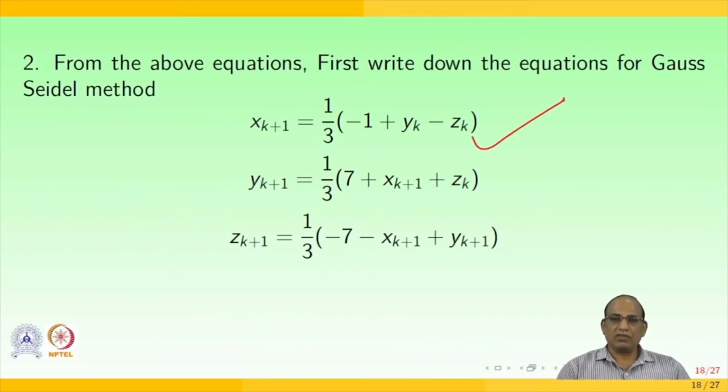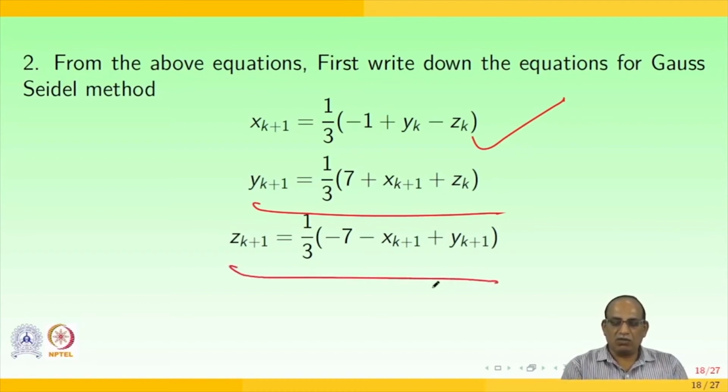The coefficient of x(k+1) should be pulled to the right side. So 1 over 3 times minus 1 plus y(k) minus z(k), and y(k+1) is equal to 1 over 3 times 7 plus x(k+1) plus z(k), and the third one is z(k+1) is equal to 1 over 3 times minus 7 minus x(k+1) plus y(k+1).